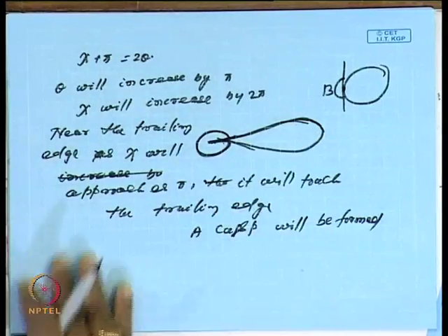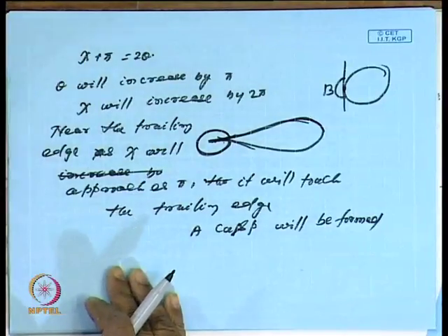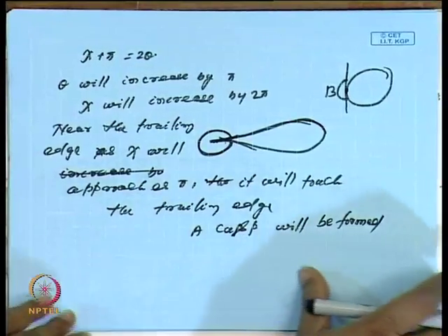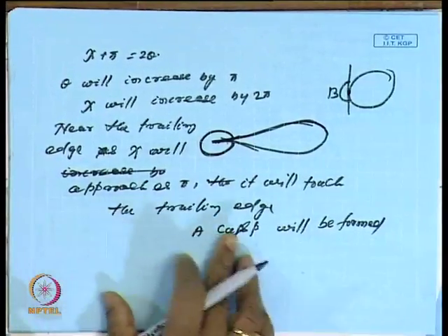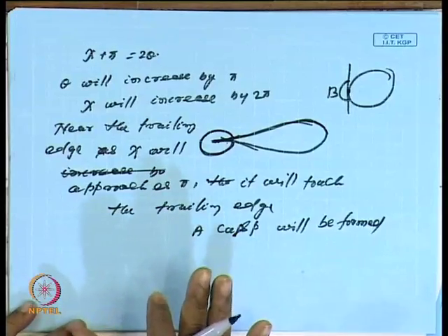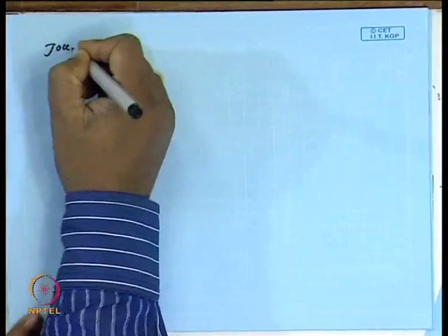Sorry, because this will be 2 pi, otherwise it will not. Now with this understanding, let us go back to the Joukowsky hypothesis. This is very simple.